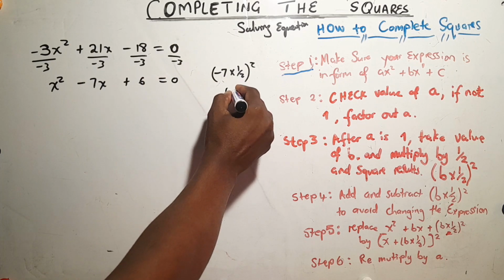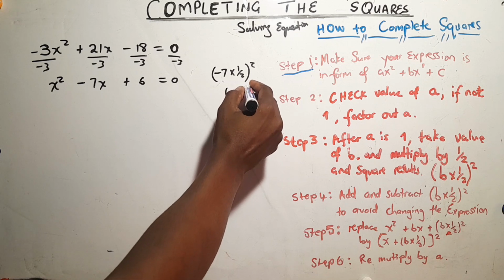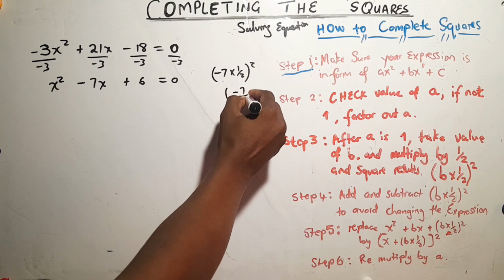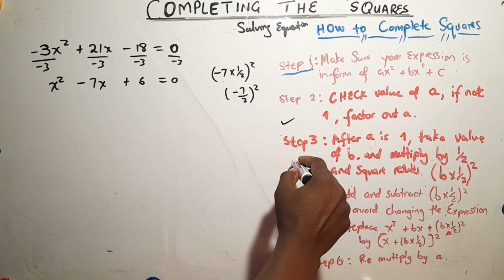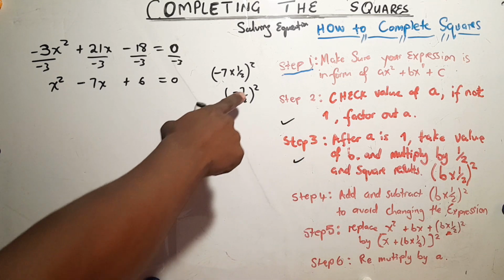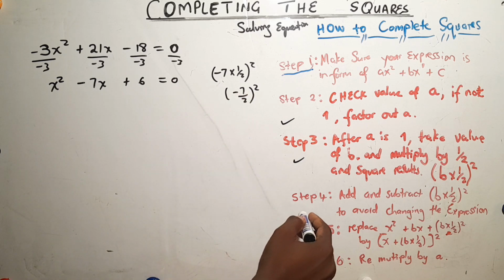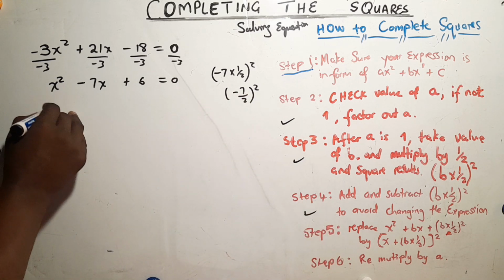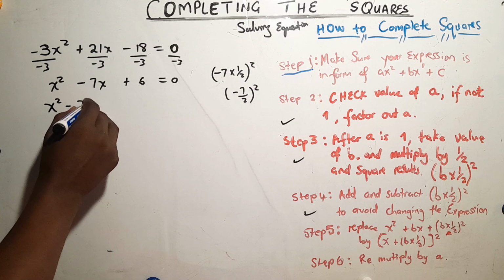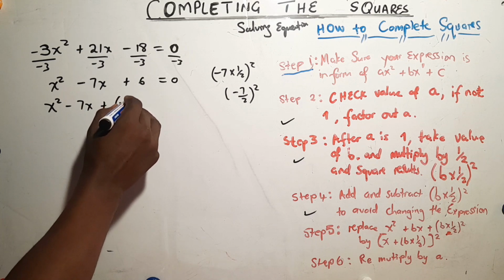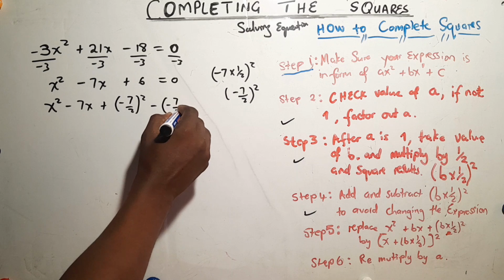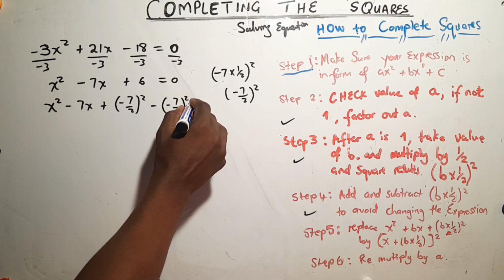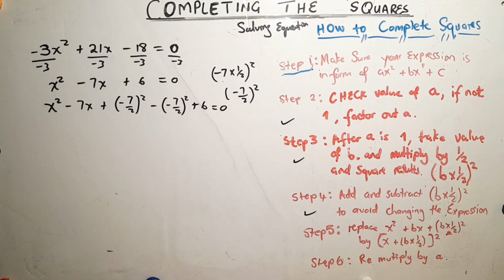So this will give us negative 7 over 2 squared. So we add it and subtract it, right? So this will become x squared minus 7x plus negative 7 over 2 squared minus negative 7 over 2 squared, and then plus 6 equals 0.